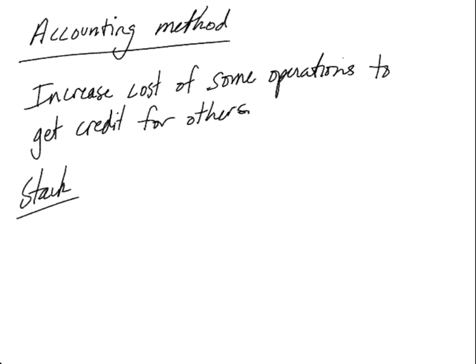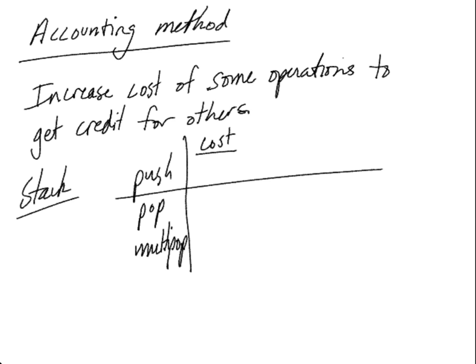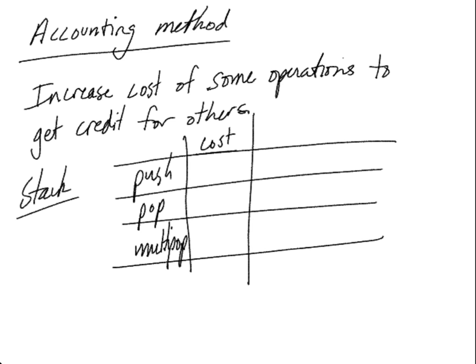example that we used where we have a push and we have a pop and we have a multi-pop. And we're going to have a cost for each of those. So the cost for push is 1, the cost for pop is 1, and the cost for multi-pop we decided was the minimum of the number of pops and the total size of the stack.